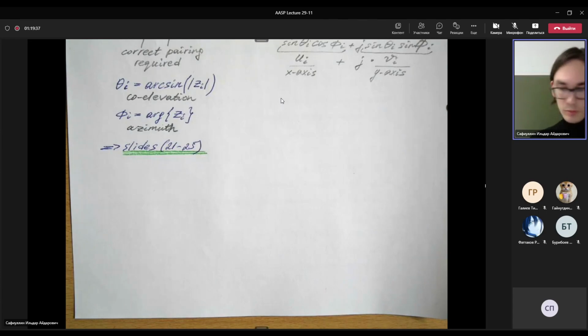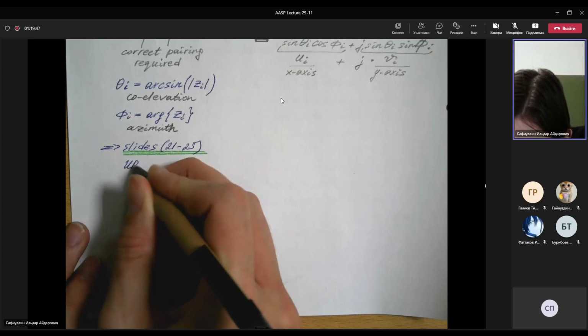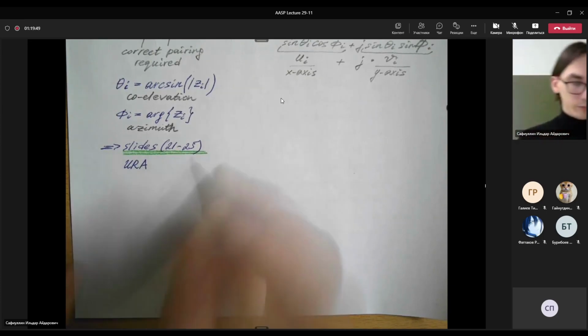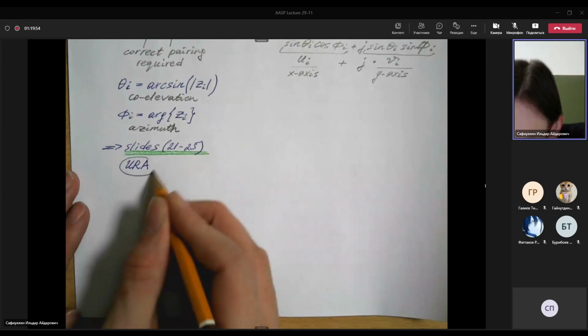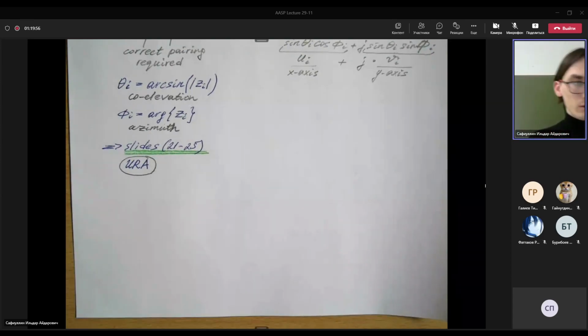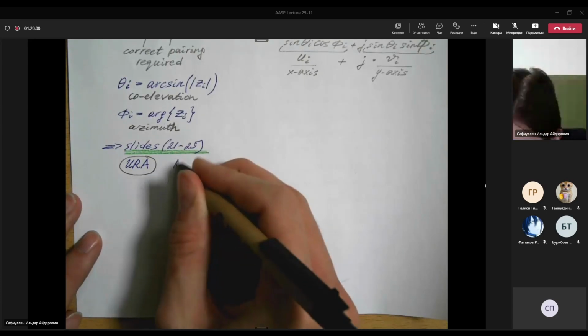We have a uniform, in this case rectangular, array, URA, with the number of elements equal to m.